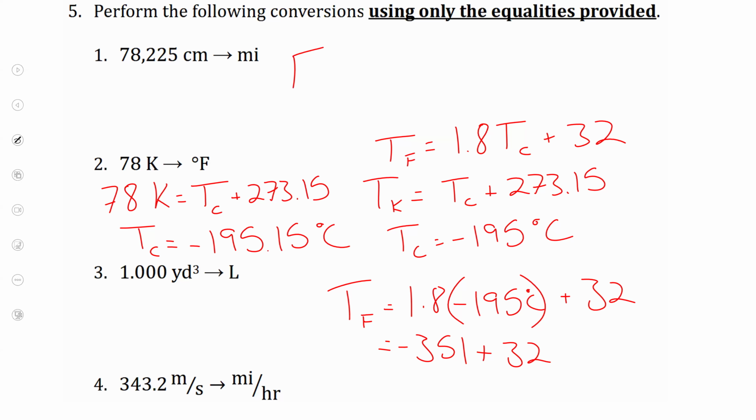So our temperature in Fahrenheit is... right. So it looks like we did gain a sig fig, but we kept the uncertainty in the right spot, and we followed all of our rules. You follow all your rules, sometimes you gain or lose a sig fig. That's just the nature of conversion.